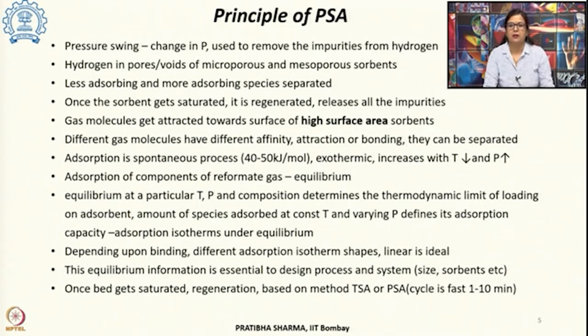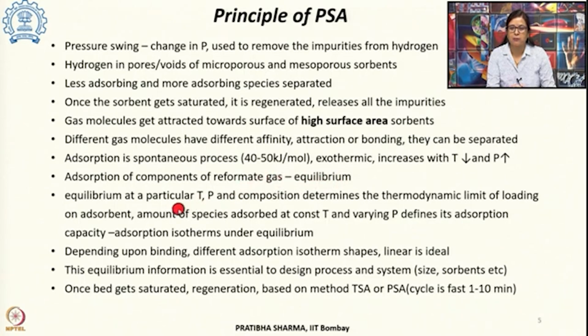Now when the gas which is coming from the hydrogen production plant, let us say reformate gas, is onto the surface of the sorbent, adsorption of the different components occurs except for hydrogen, and at one point of time the bed or the sorbent gets saturated with the impurities. It comes into equilibrium.